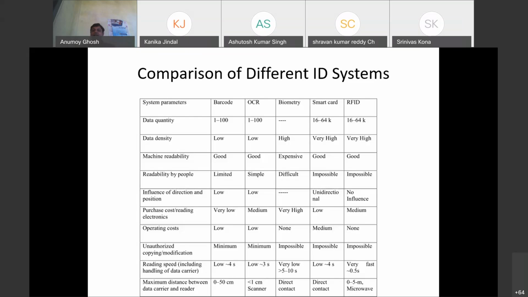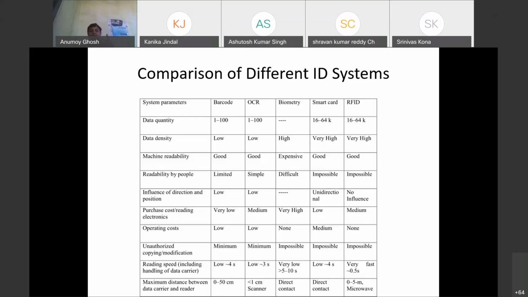Second is data density. What is actually meant by data density? Data density means that if one RFID device is able to communicate with 5 devices at a time, that is the handling capacity of a device, and that signifies the data density of one particular device.